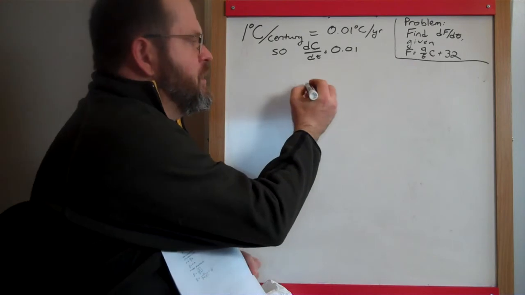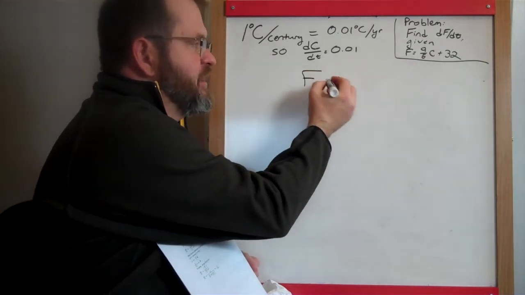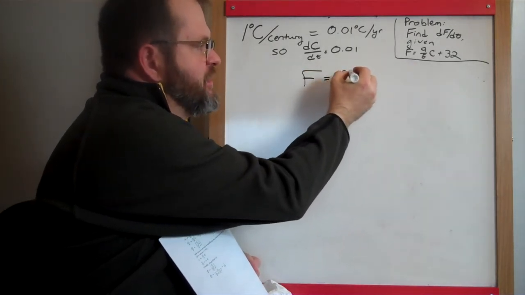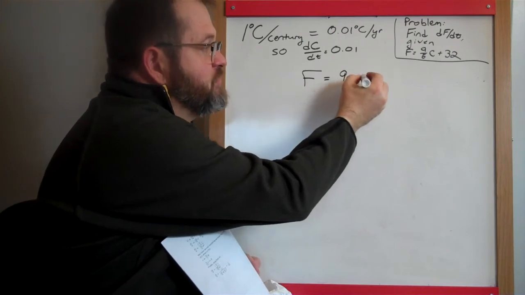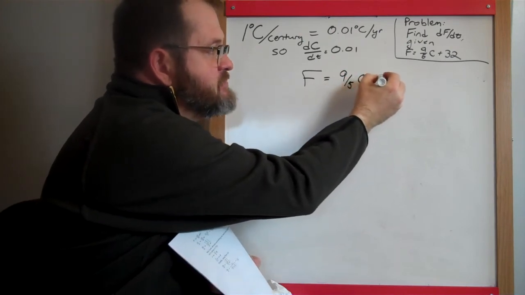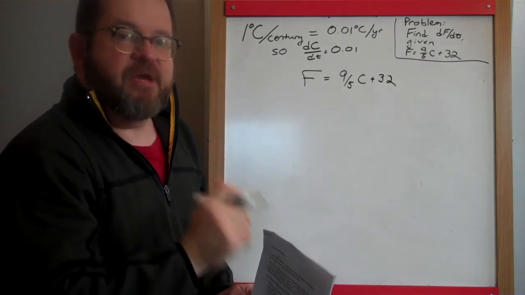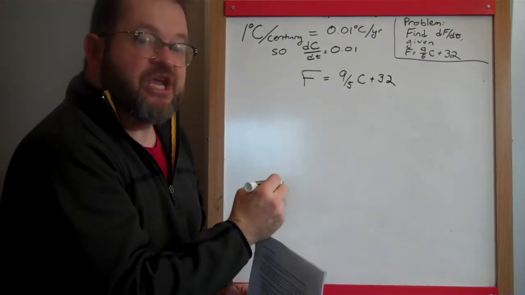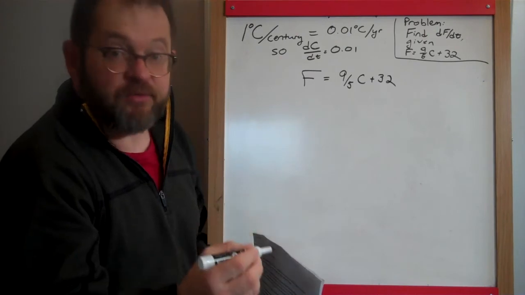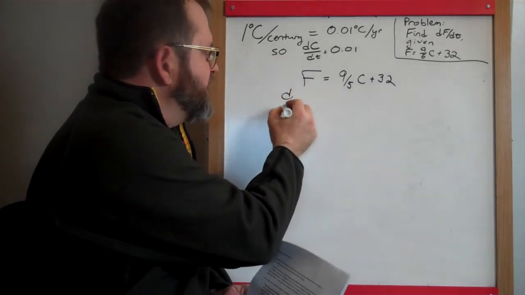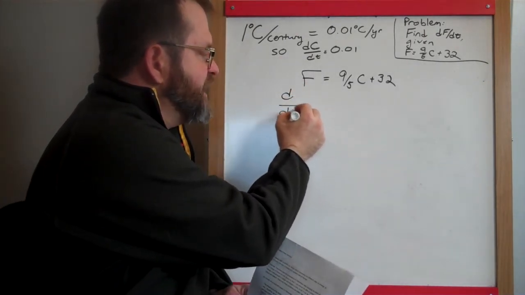Alright, so how would we actually do this problem like I did there on the handout? Well, if we know that our variable F is related to Celsius in some way, what we can do is take the time rate of change of both sides, the derivative of both sides of the equation with respect to time.